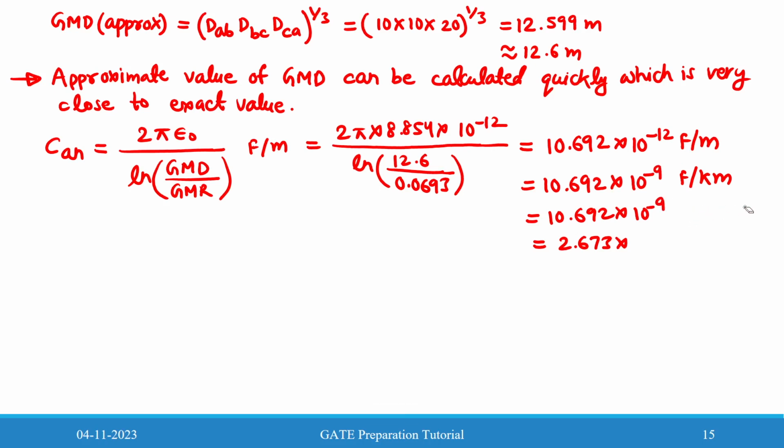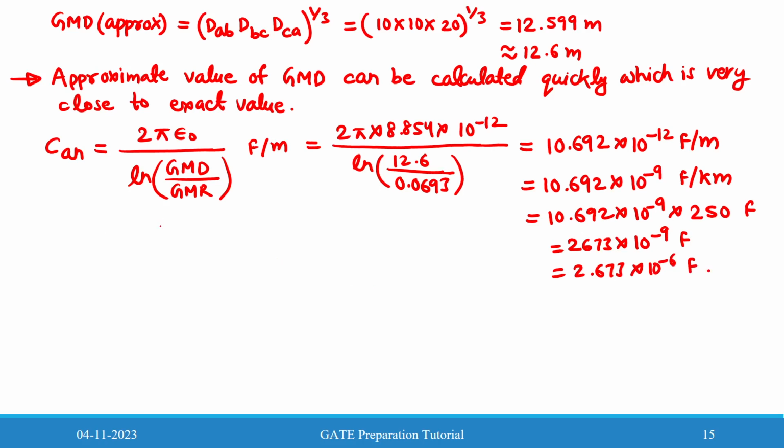You should tell me if you see any wrong calculation here. So this is 2.673 into 10 to the power minus 6 farad. This is the line to neutral capacitance.